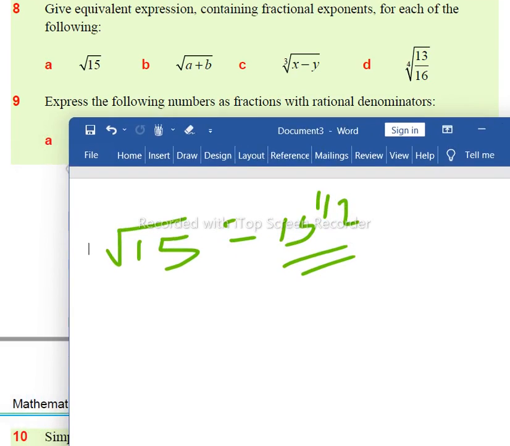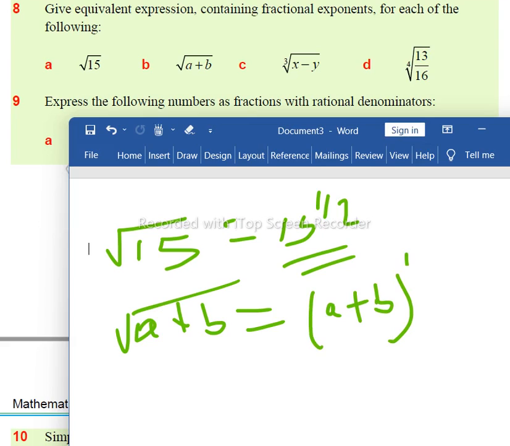Again, under B, we have the square root of A plus B. We can write this in the form of a fractional exponent: A plus B under brackets to the power of 1 over 2. Square root means the power of 1 over 2.